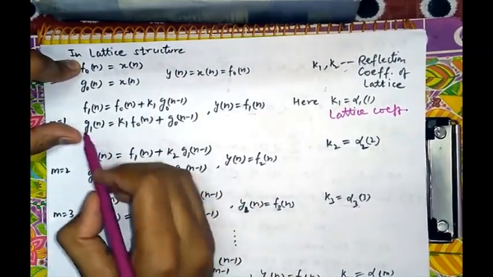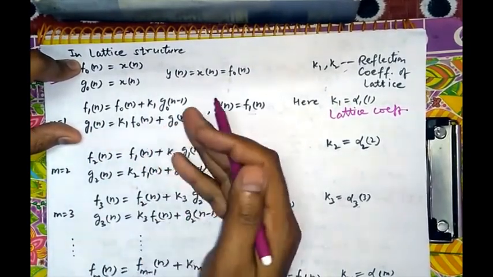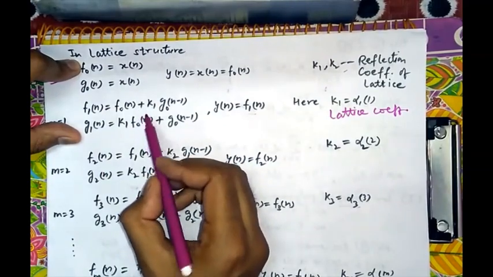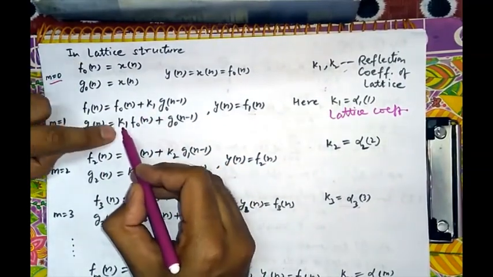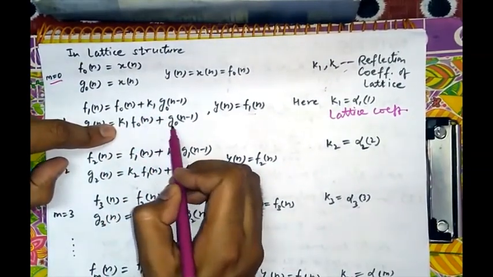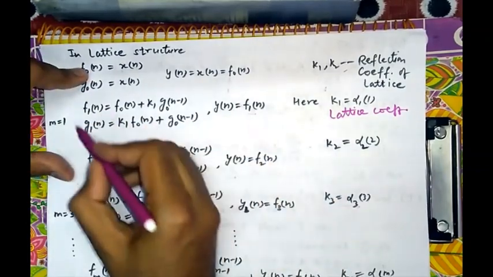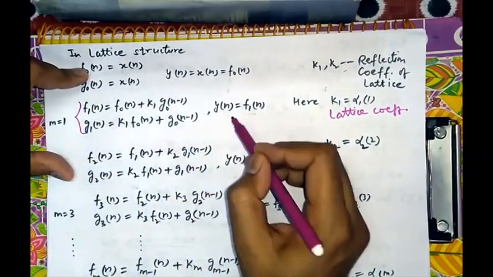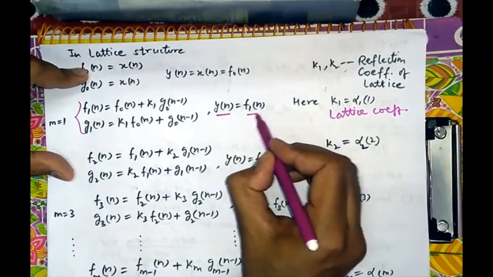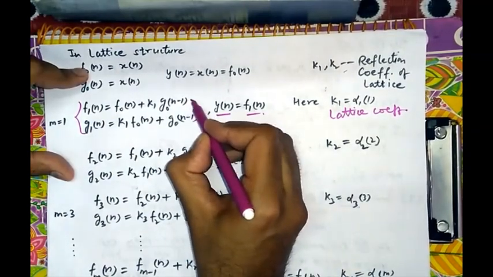We define the second function g1(n), just the reverse polynomial you can say, because now k1 arises in the first term: k1 f0(n) plus g0(n minus 1), and for these two we have output y(n) equal to f1(n). This is the output equation.